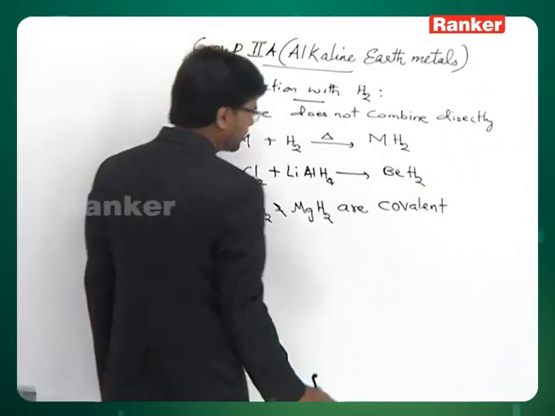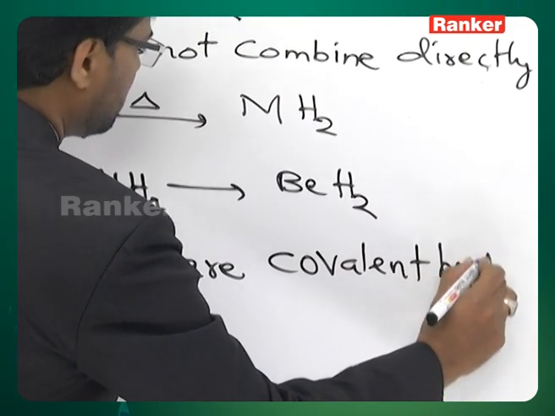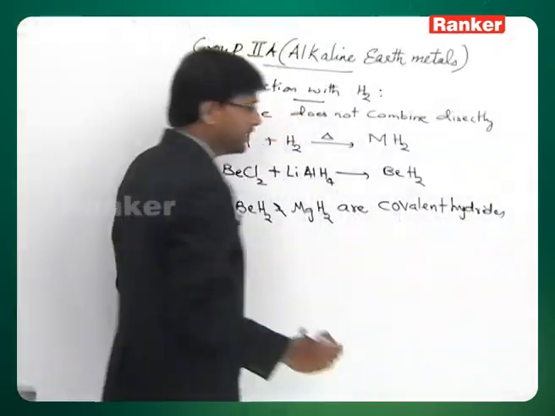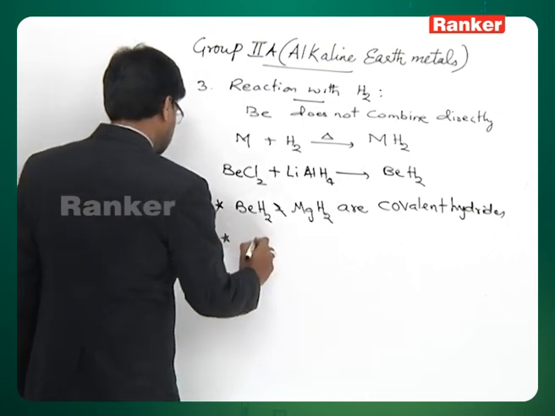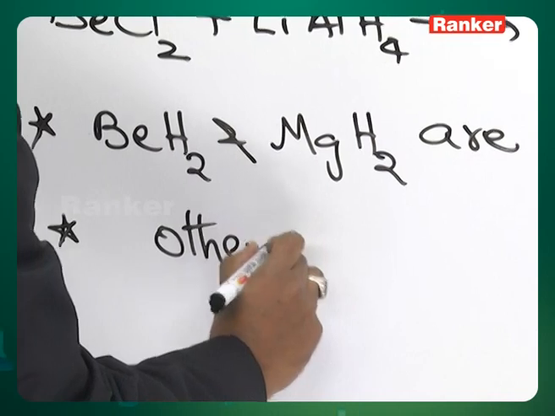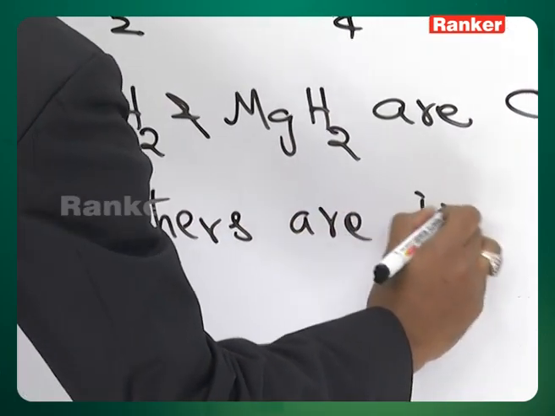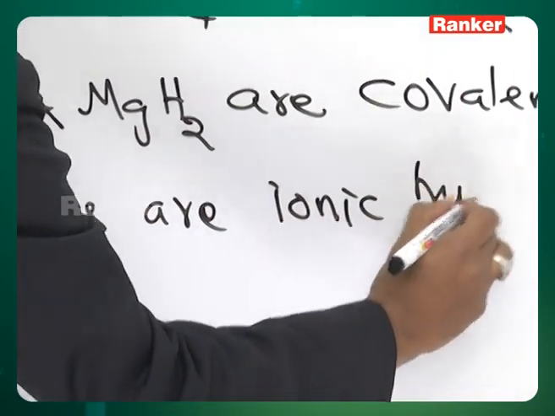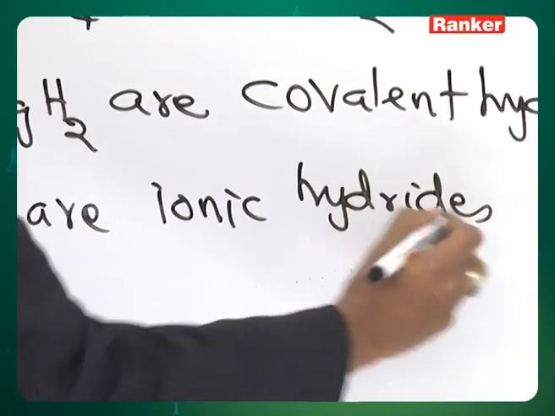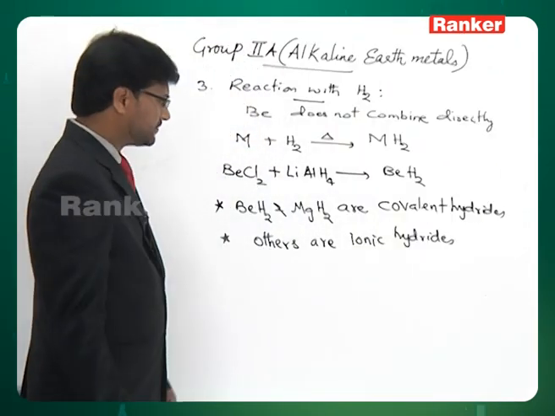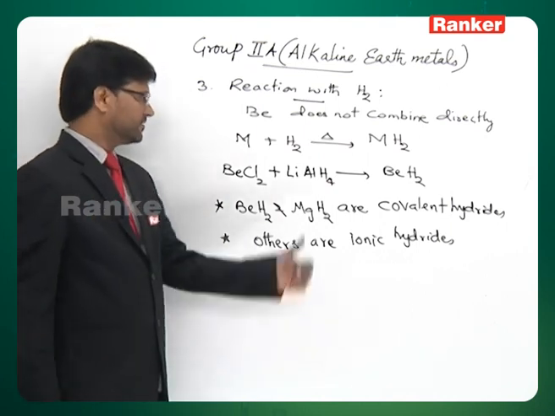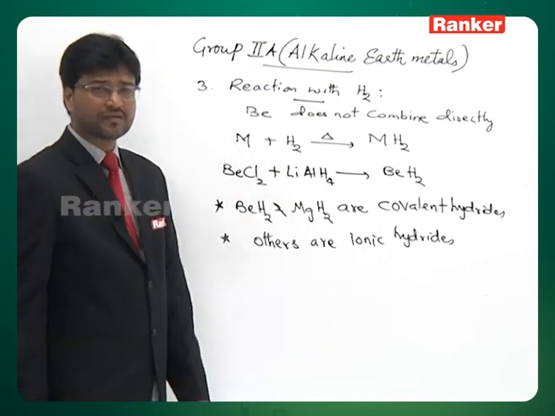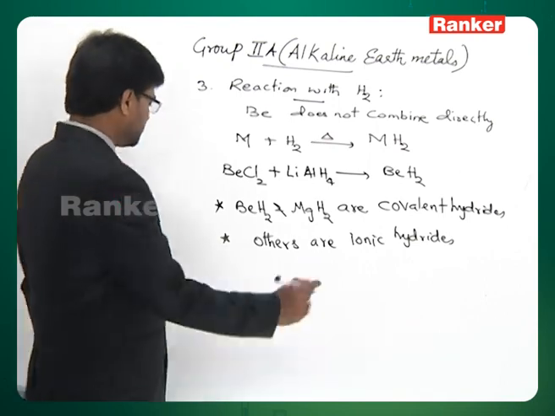They are covalent hydrides. Others are ionic hydrides. That means calcium hydride, strontium hydride, and barium hydride are ionic in nature, whereas beryllium hydride and magnesium hydride are covalent hydrides.